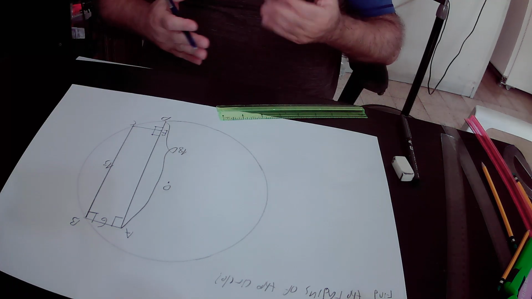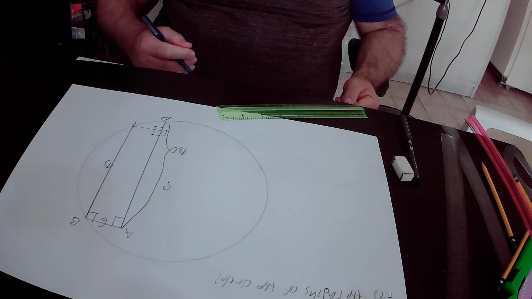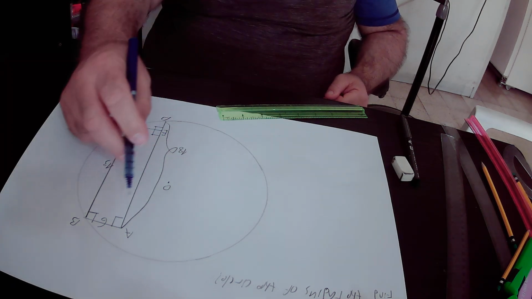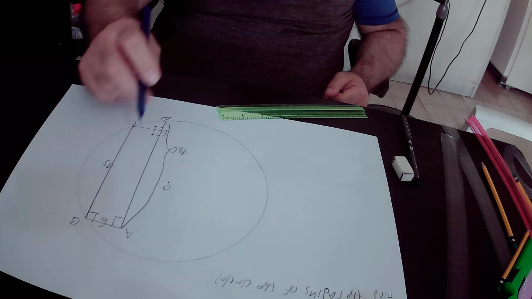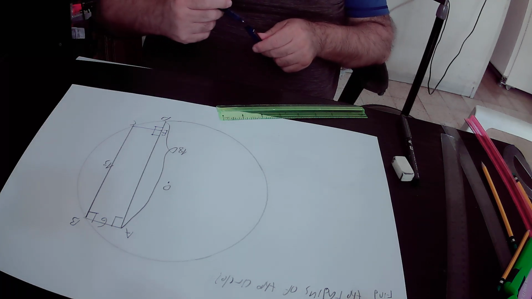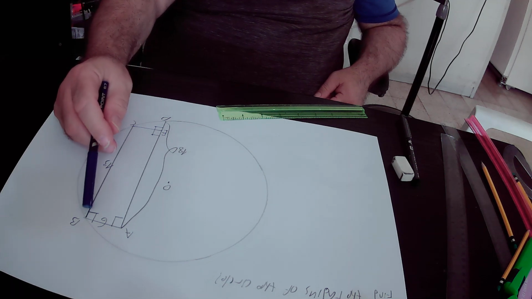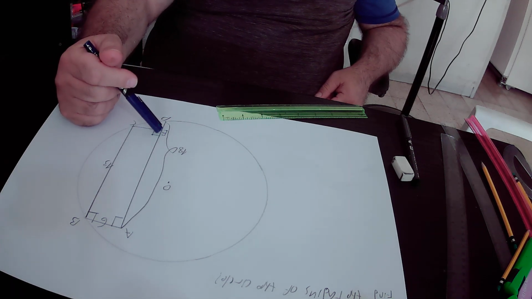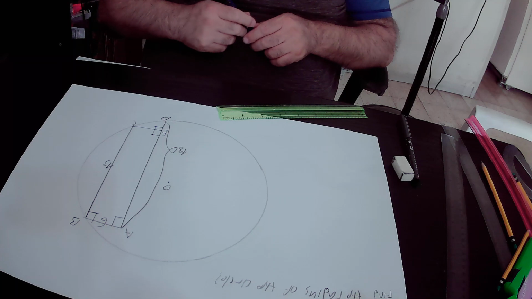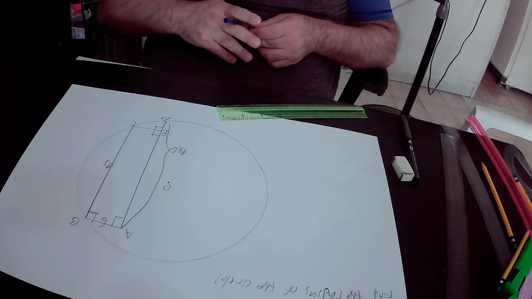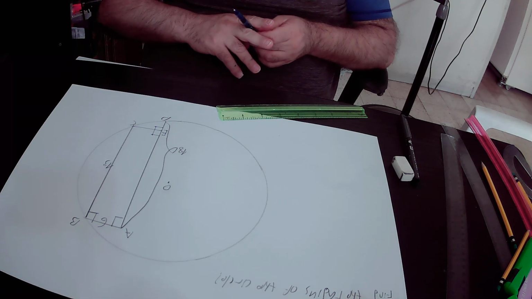So by doing this construction, we can get quadrilateral ABEC. Inside the quadrilateral ABEC, we have 1, 2, 3 right angles. The sum of 3 right angles is 90 times 3.